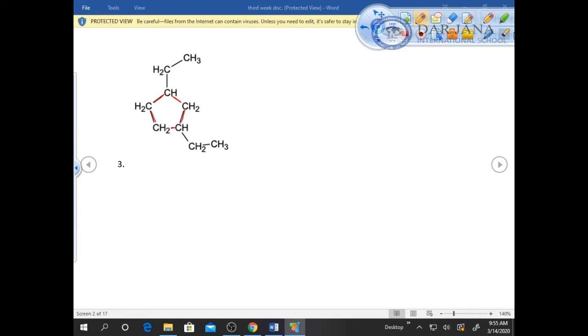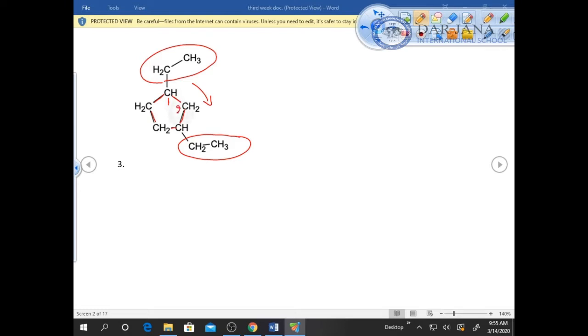On this carbon we have an ethyl group and another ethyl group on this carbon atom. So for the name, I will start numbering from any ethyl carbon you want, and then if you choose this one you have to move clockwise, going in a way that gives the lowest possible value.